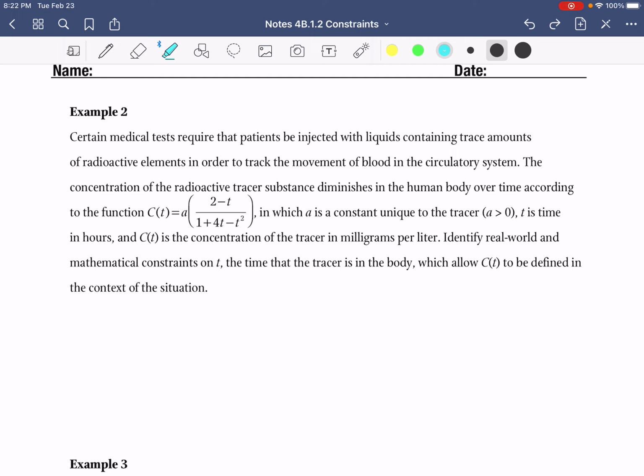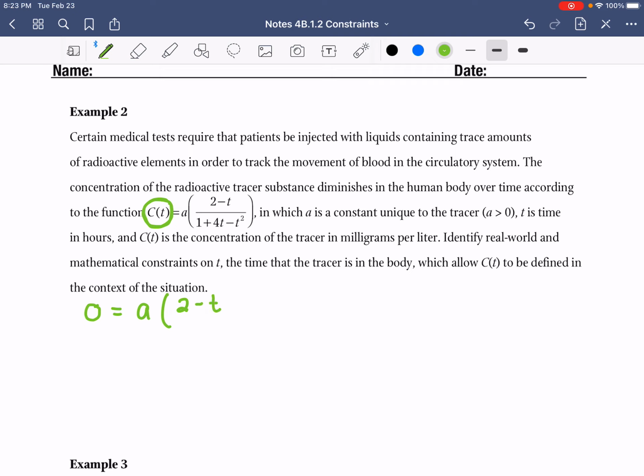We're talking about t, time, so we know something like time can't be negative, right? We're going to start our time clock at 0. We want to find at what time then all of our concentration is gone from the body, okay? So we're going to set our C of t equal to 0.